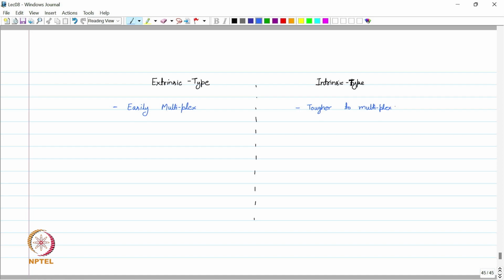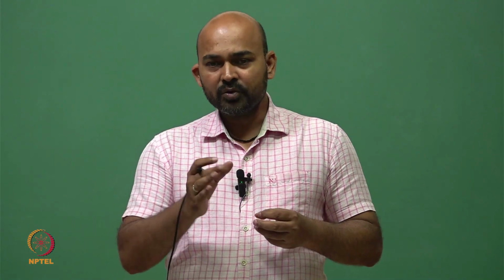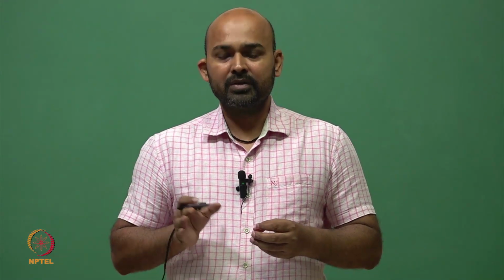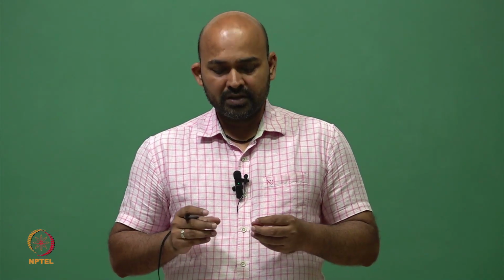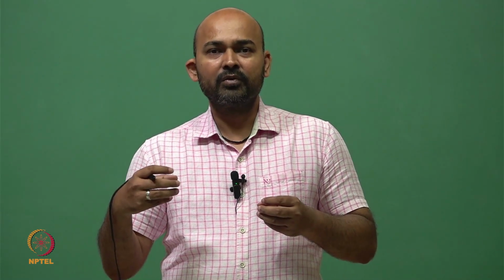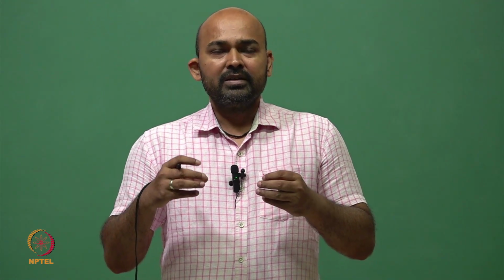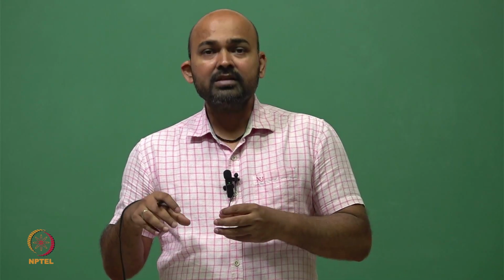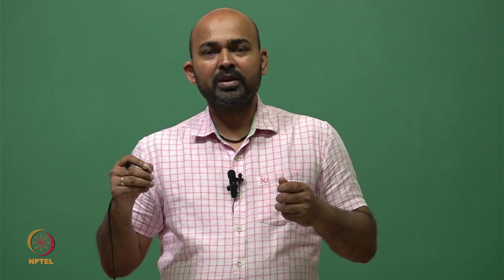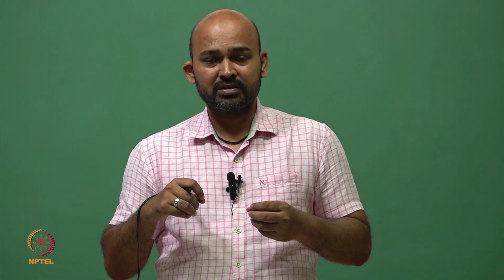So what do we mean by multiplexing? We have one fiber coming in and we want to send this optical wave to 3 or 4 different receivers. So we need to multiplex, or join all these 3 or 4 wires to the single transmitter fiber. This is difficult in the intrinsic type because we are not cutting this optical fiber, so there is no way we can attach multiple units to this intrinsic type optical sensor.